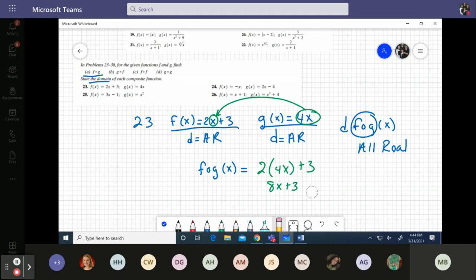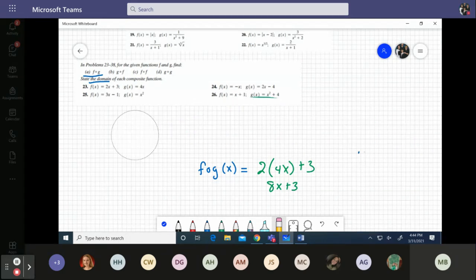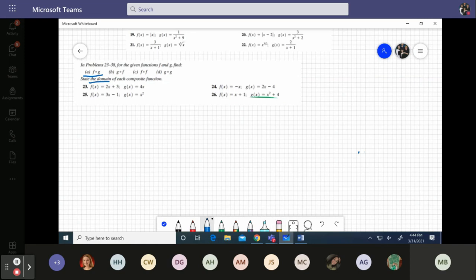Let's go a little bit more complicated. How about g of f of x for 25? I have f of x is equal to 3x minus 1, and g of x is equal to x squared.